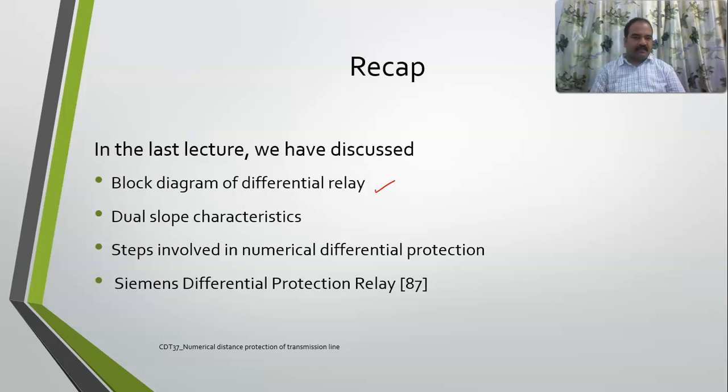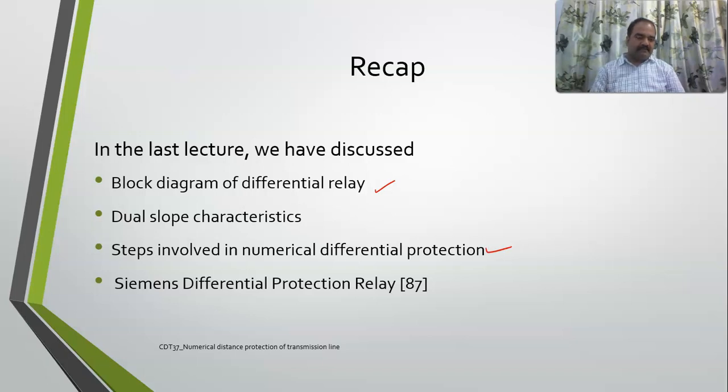We have seen the block diagram, the dual slope characteristics which are widely employed now, and also the steps you are supposed to take while designing a numerical differential relay.